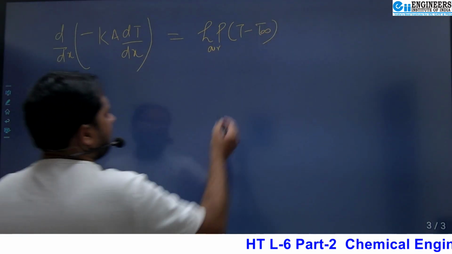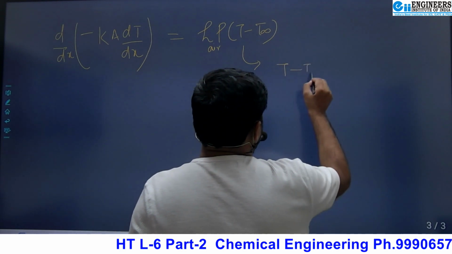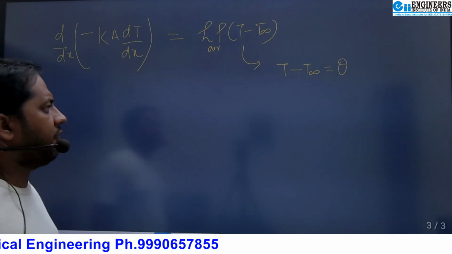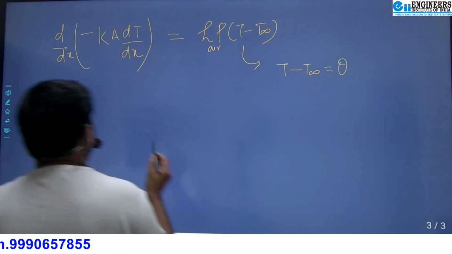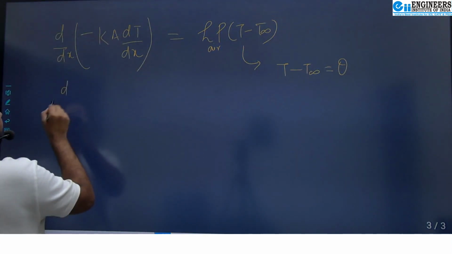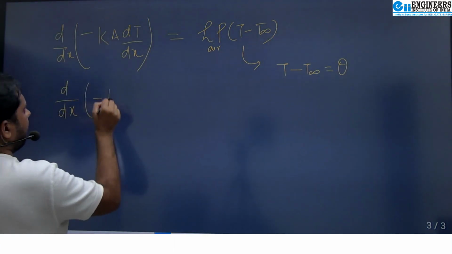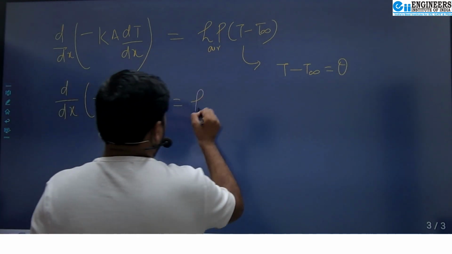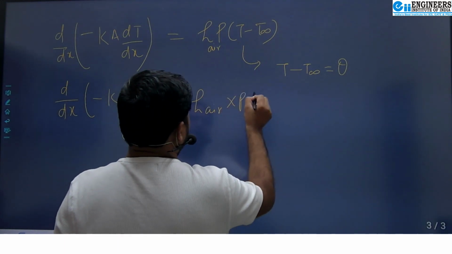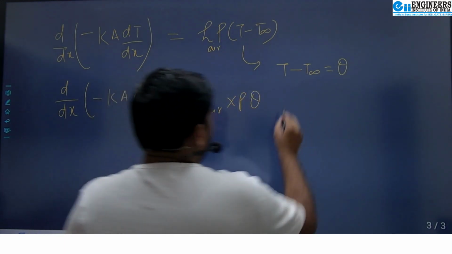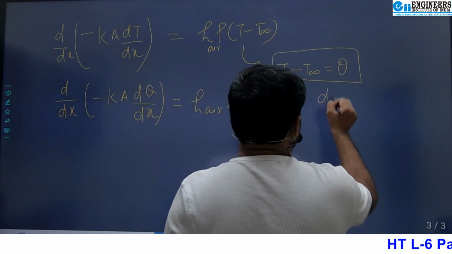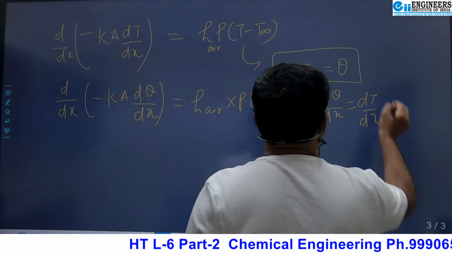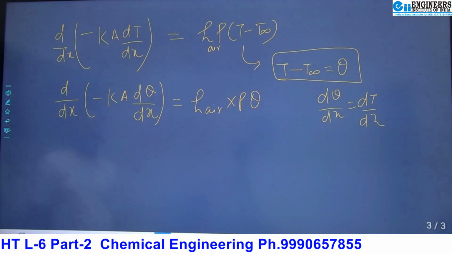If we write T minus T infinity as a different symbol, theta, then we can write d by dx of minus kA d theta by dx equal to h air into P into theta. Since theta is T minus T infinity, d theta by dx is simply dT by dx. So we can replace dT by dx here, and write it this way.